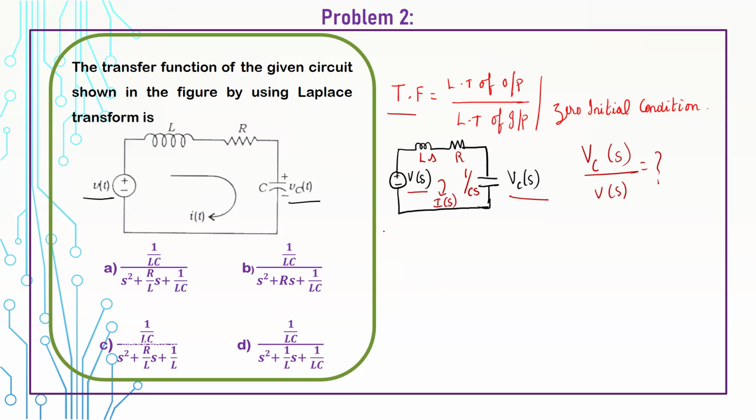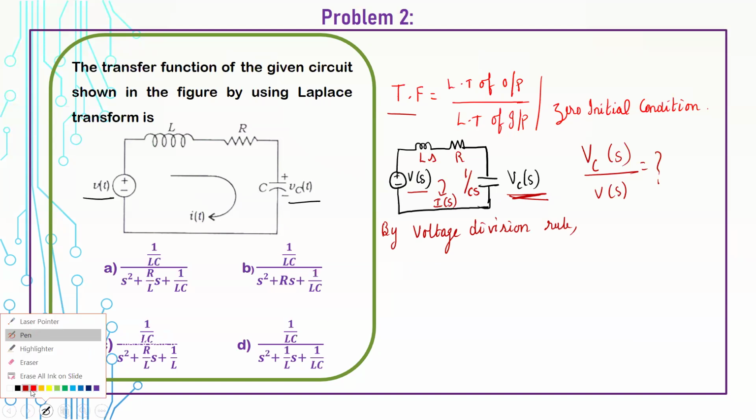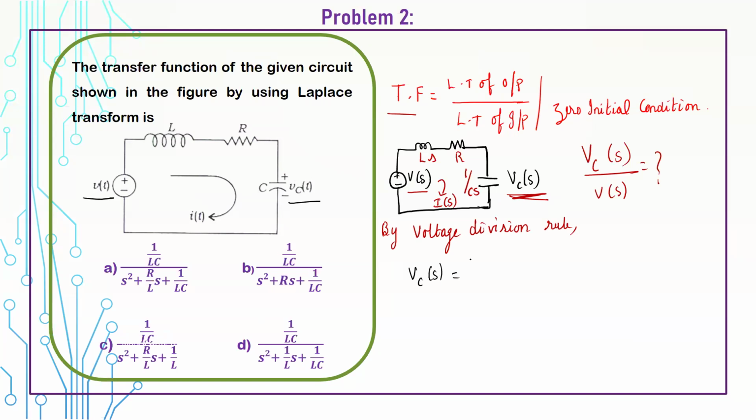So now I am going to apply the voltage division rule. By applying the voltage division rule, we can find the voltage across capacitance. So voltage across capacitance can be taken as Vc of S. Now Vc of S equal to, by applying the voltage division rule, total voltage is V of S into that respective impedance, which is 1 by Cs, by the total impedance, which is R plus Ls plus 1 by Cs.